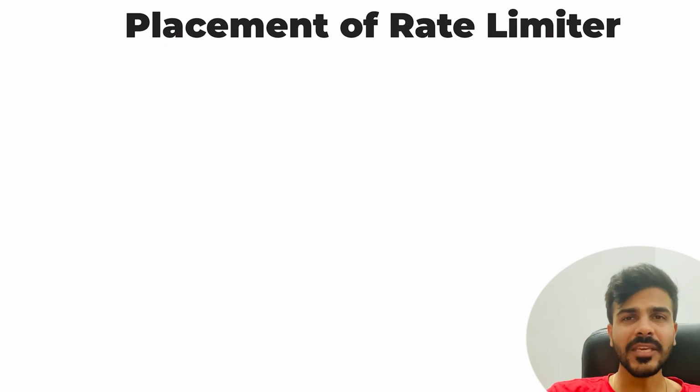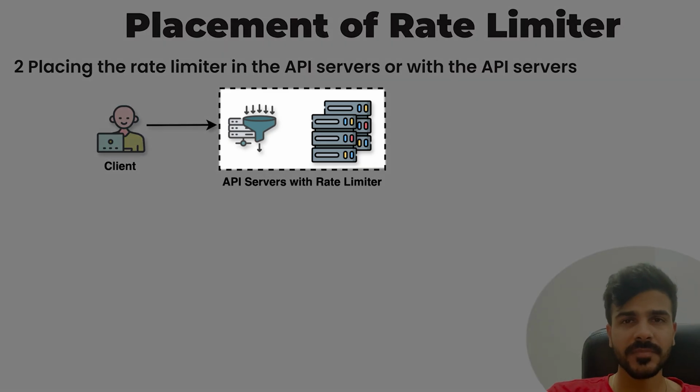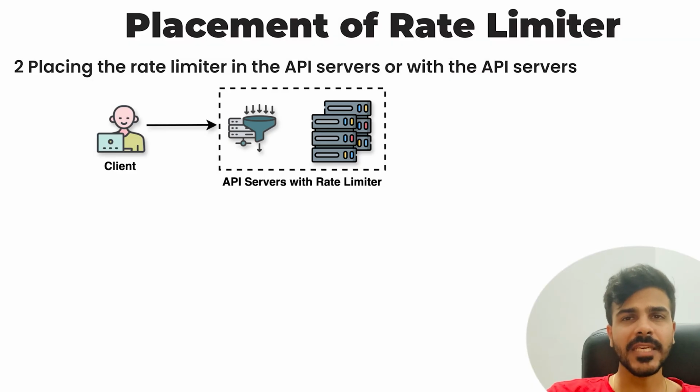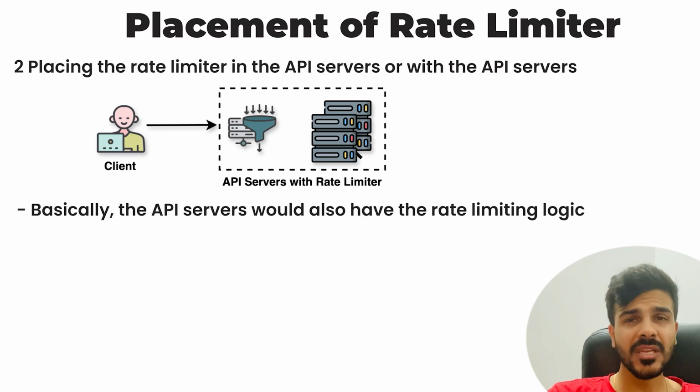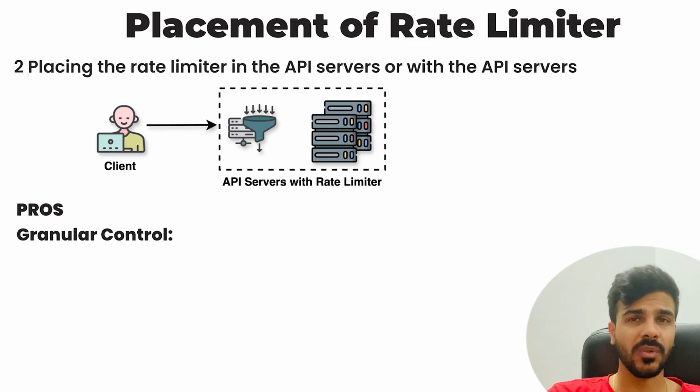Now let's look at option 2 and see its advantages and disadvantages. Option 2 was placing the rate limiter with the API servers. In this setup, the rate limiting happens on the API servers itself. Basically, the API servers would also have the rate limiting logic. Now what would be the pros of this approach? The first pro would be granular control.